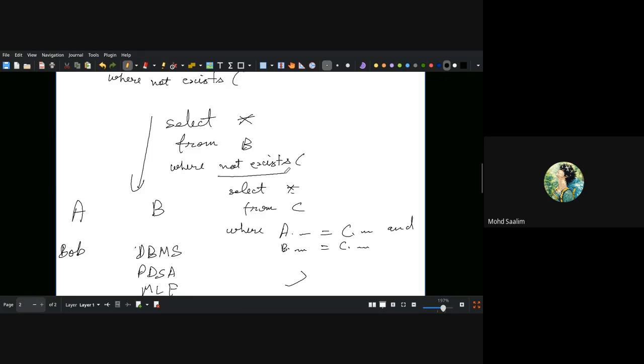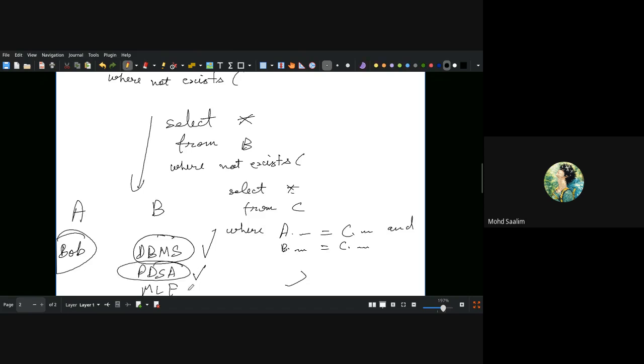Right? So this not exists was returning true when there was no existence, when there was no association between the current student and the current course. If there is no association between them, then this condition will be true and that course will be selected. So if Bob doesn't have any association with DBMS, then DBMS will be selected in the output.